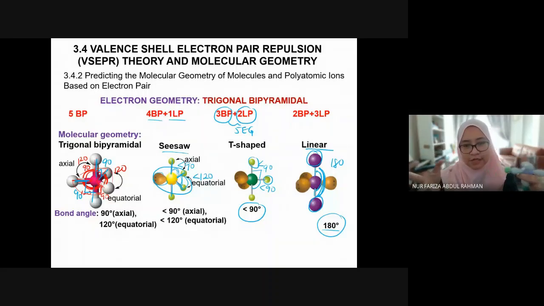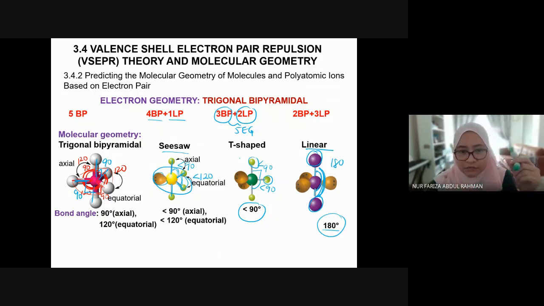Dia sebelah-sebelah yang closer lah, closer. Kalau axial tu dia di atas dan bawah kan, quite far lah. Okay, so kalau you nak represent the axial dengan axial, it should be less than 180 lah. Betul tak? It should be less than 180.